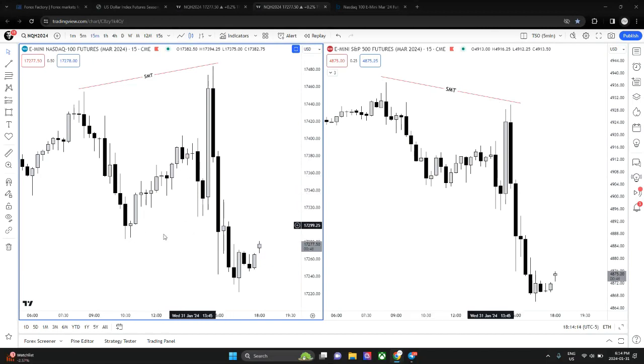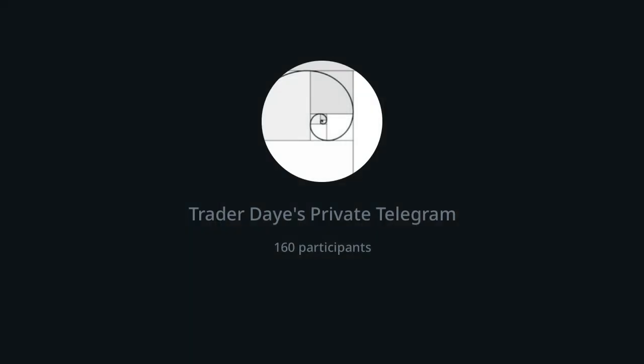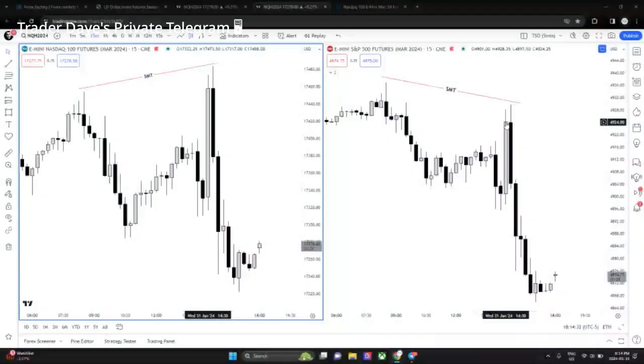You had SMT right here below, where this made a lower low and this made a higher low. It rallied. After price cleared this high, which was very significant, and this one failed to do so, it broke back, traded back below the close of this candle, then this was canceled.